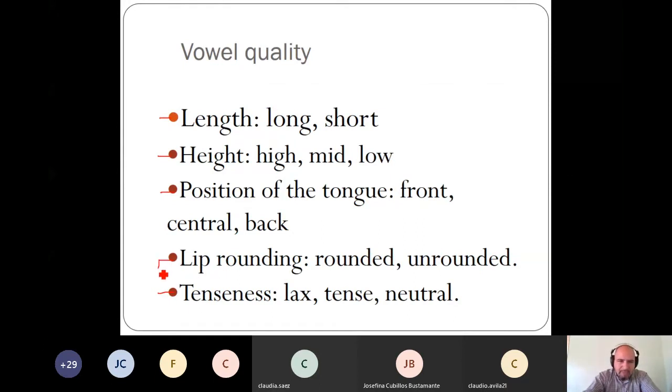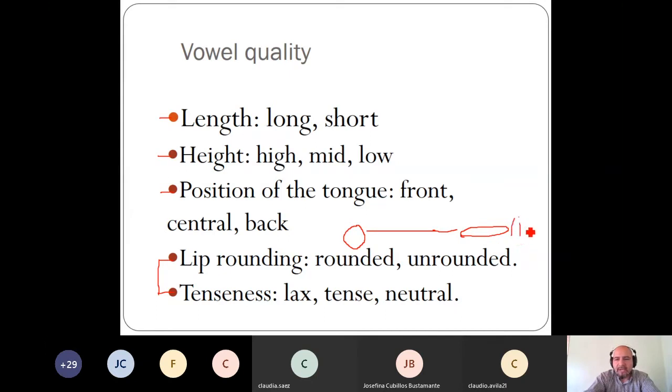Then we can refer to the lips here. We can refer to the lip rounding, and the tenseness of the lips. That is, the lips can be rounded or can be unrounded. Rounded is like when you're shaping a circle with the mouth, like when you say ooh, ooh. And unrounded is when they are not shaped as a circle, as when you say e. When you say e, that's not a circle.